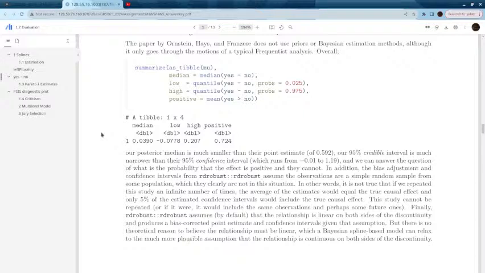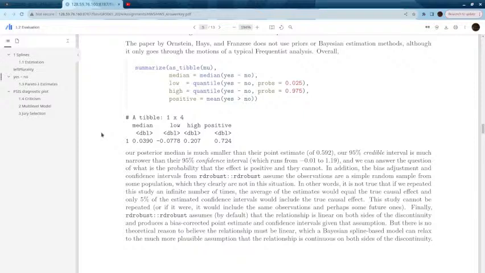95% credible interval, which illustrates why it's important to distinguish a CI, whether you're talking about a credible interval or a confidence interval, because they are estimating different things, even if people insist on interpreting them the same way, which is a misinterpretation of a confidence interval.